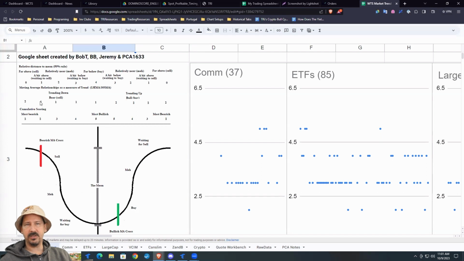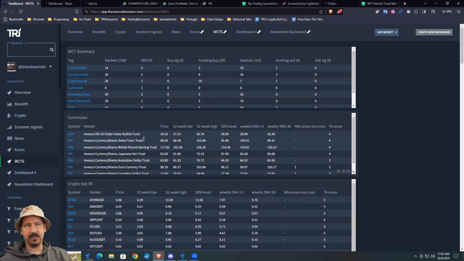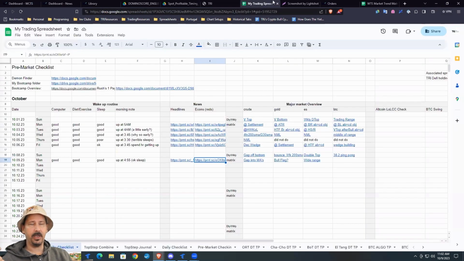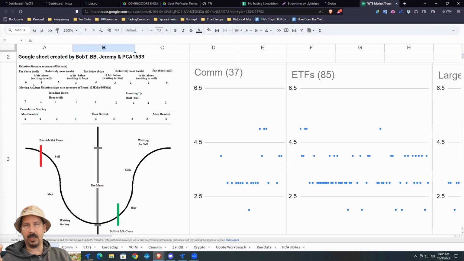So that's the premise behind this scoring system. Where is the market relative to the mean? What is it doing relative to its moving averages? So this is how this system works. You can see on here, we have the price, we have the 52-week high and the 52-week low. Add them together, divide by 2, you get the 50% rule. That is the first component of this screen. Where are we relative to the mean? And it gets a score.